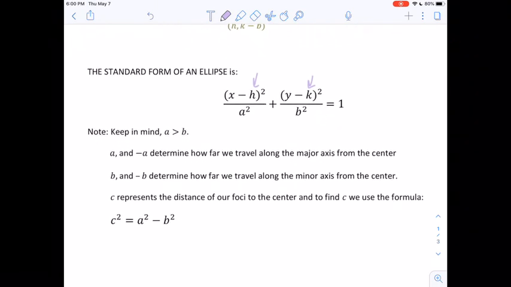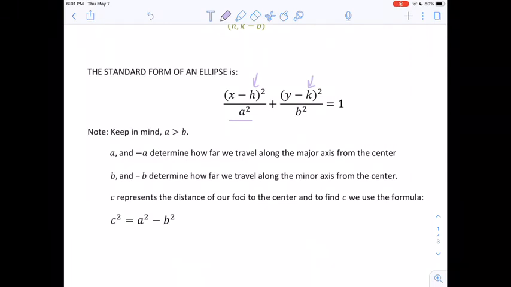Since a is bigger than b, it always determines how far from the center we're traveling on the major axis. Like I said, the major axis might be on the x-axis or it could be on the y-axis, so it really depends on where your a is located. If your bigger number is located under x, like in this case, that's your a, and you're going to be traveling along the x-axis.